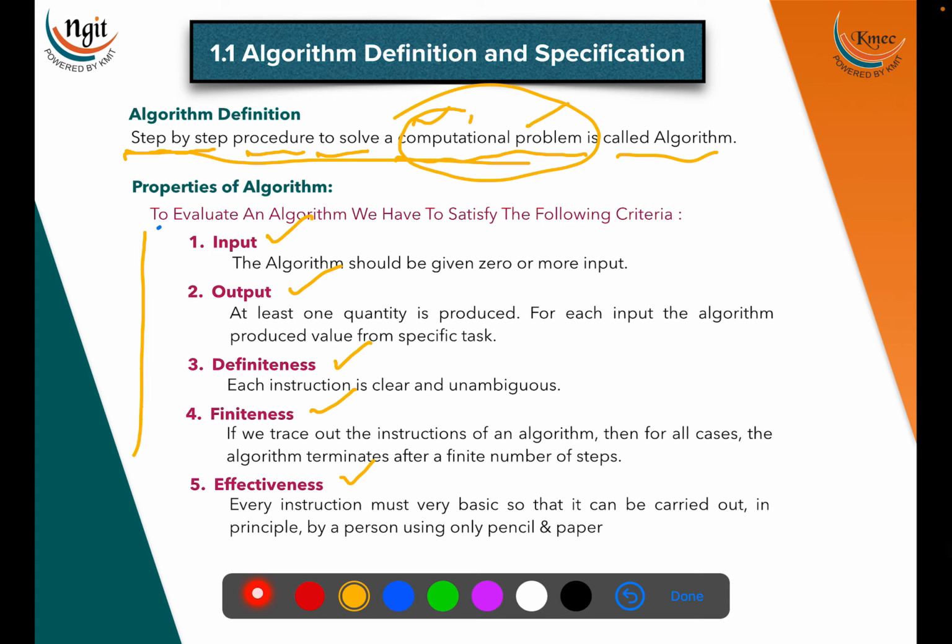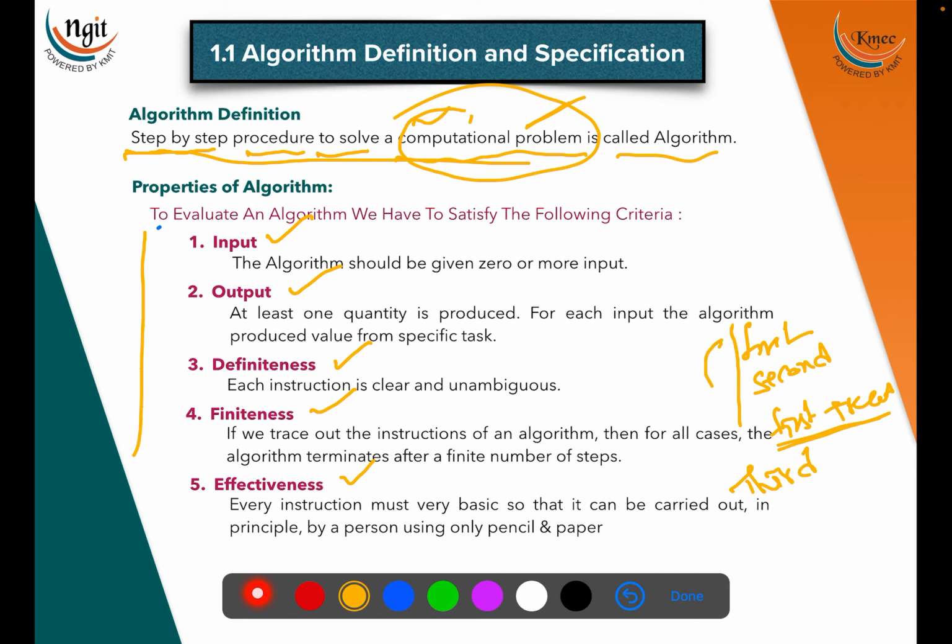Now the problem is adding 2 numbers. To get the solution of the problem, we have to write some procedure. Correct? What is my first number? What is my second number? Now the operation is first number plus second number. And this computation result will be in a third number.